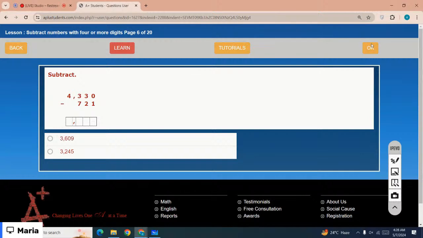4330 minus 721, which is the correct option?